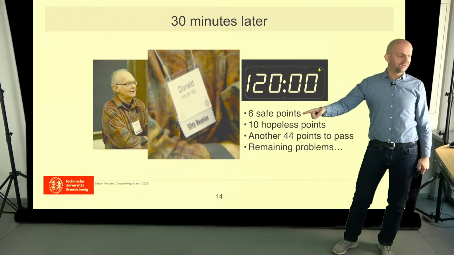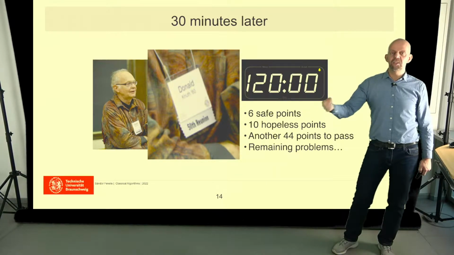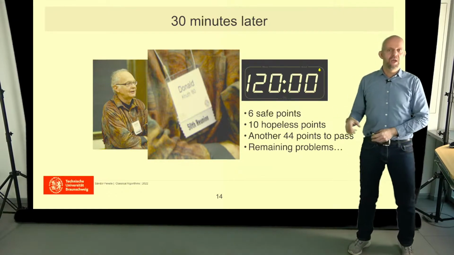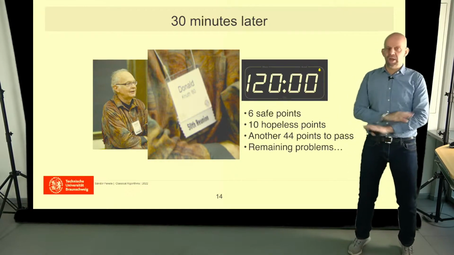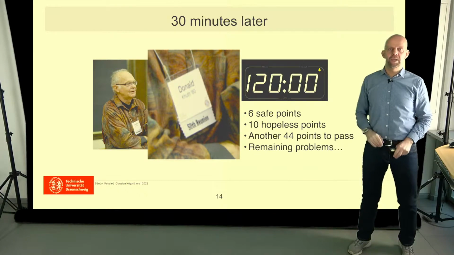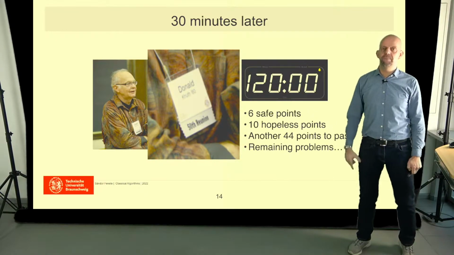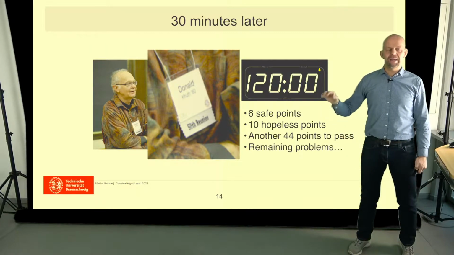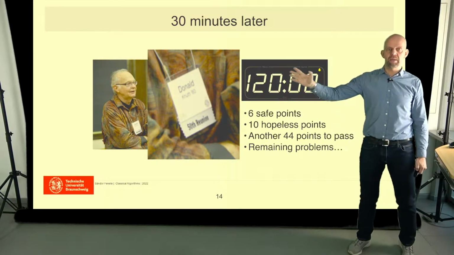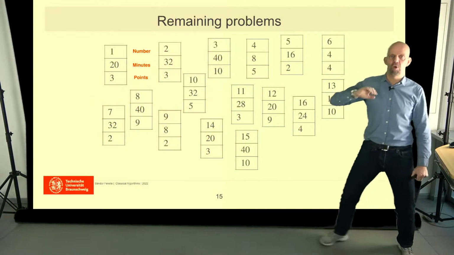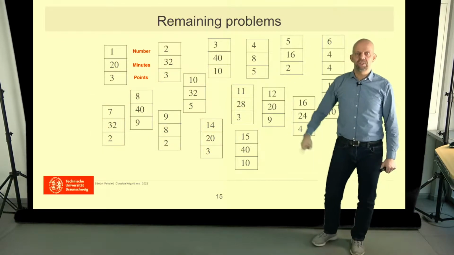So after that time, he has 6 points for sure that he knows about, and there are some questions worth 10 points where he has no clue and no idea. So he needs 44 more points to pass, to get to these 50 points. Let me show you the remaining things available. Here's the whole set. You see these are numbered.